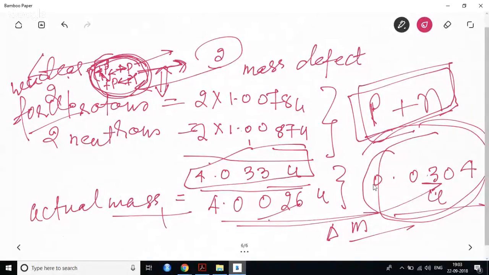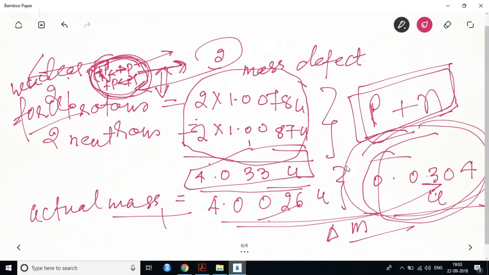So later it was understood that when protons and neutrons inside the nucleus are combined, the change in the mass, which is this mass defect, is converted into energy.